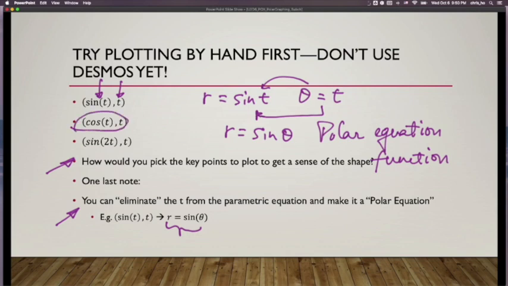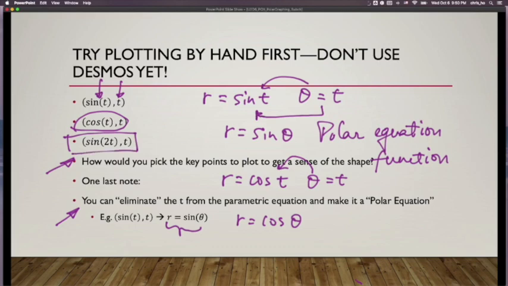What about this one? Similarly, since r is equal to cosine of t and theta is equal to t, I can just plug theta right in here. So r is equal to cosine of theta. All right. And lastly, what about this one?